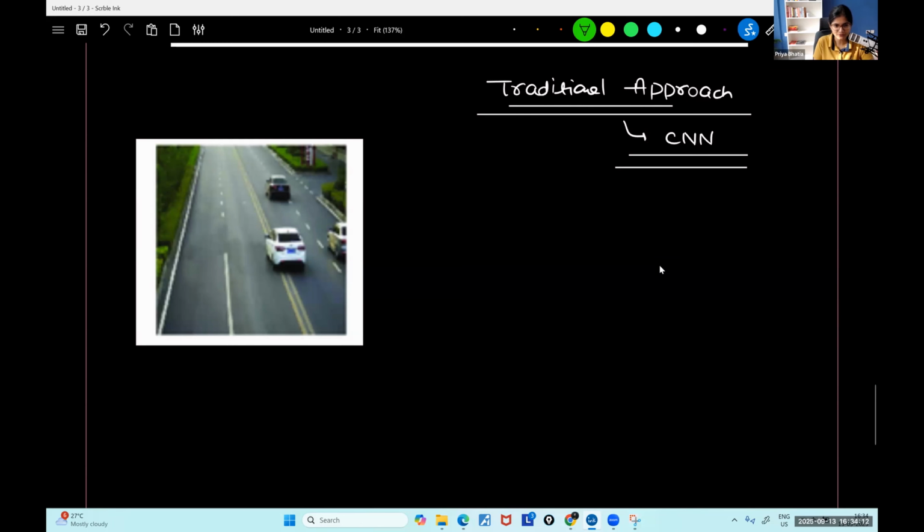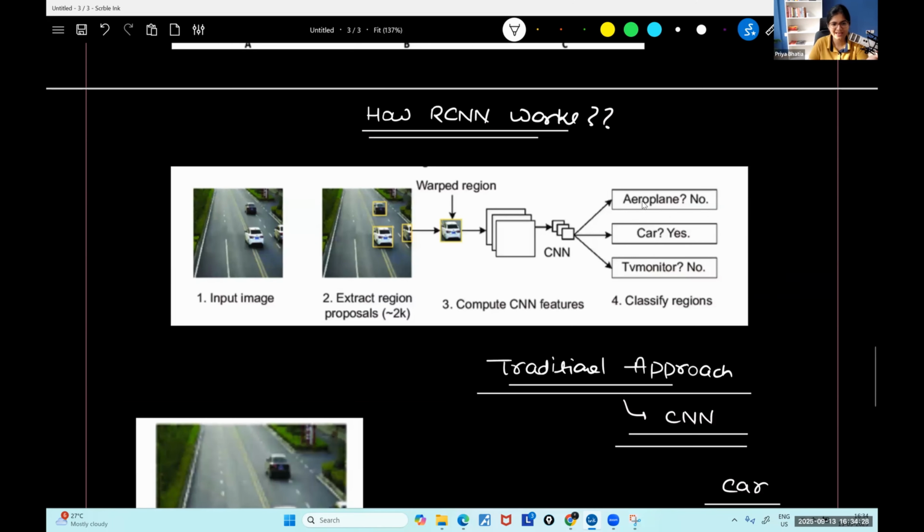Researchers thought that, okay, we don't have a bunch of images, so how can we do the classification task? Let's say we will be having classes that whether in this image car is there, or truck is there, or dog is there, or any other class. For example, here you can say aeroplane, TV monitor, and so on.